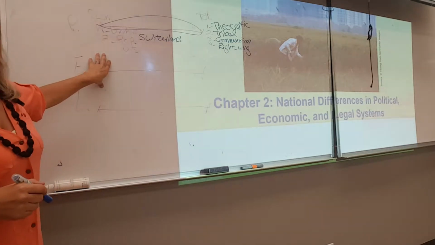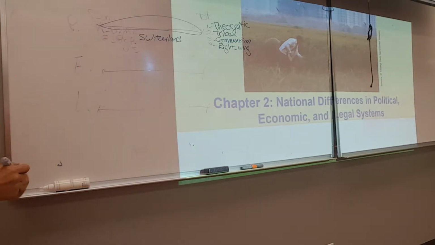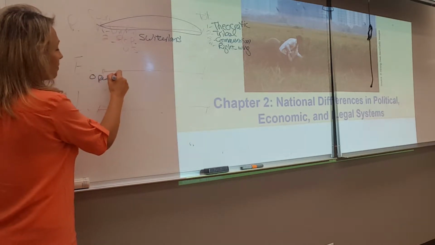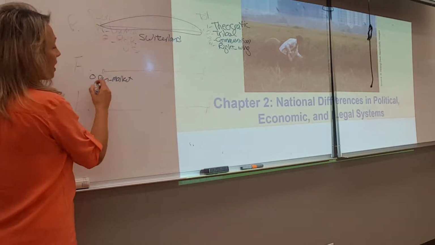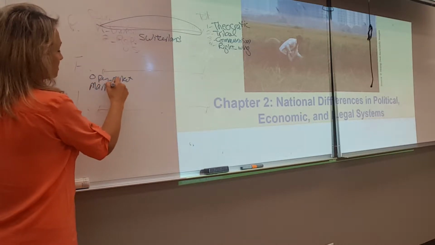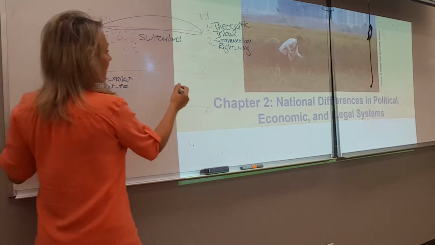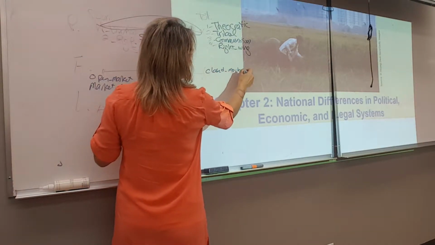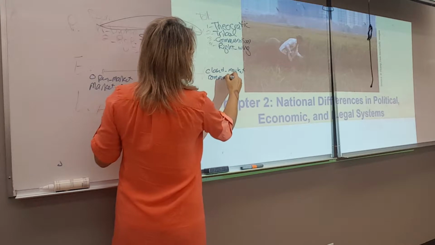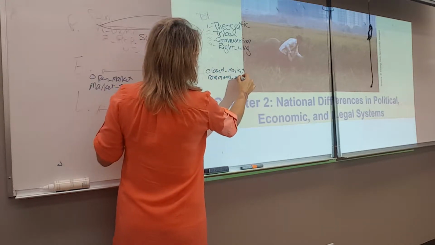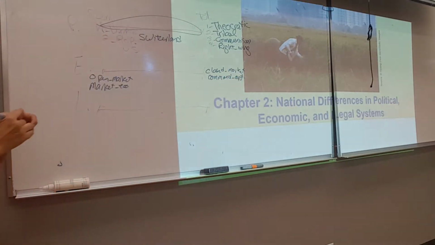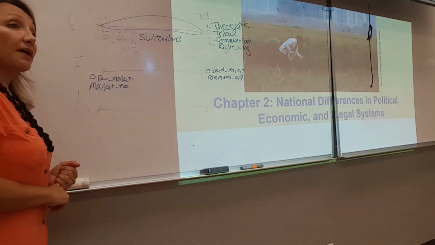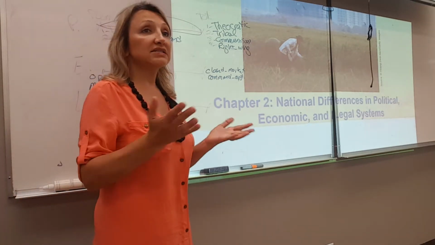Now, the next one is the economic system. The two sides of the spectrum are open market, or market economy, or capitalism, as you said, and closed market or command system, which comes from the central government. Open market basically means, as we talked about last time, laissez-faire, remember?